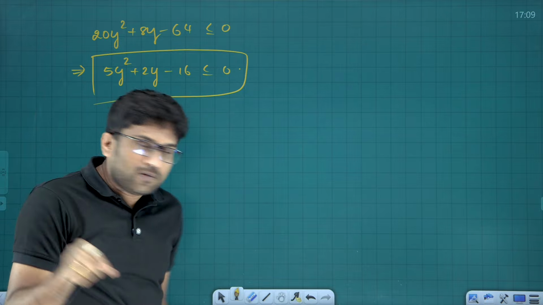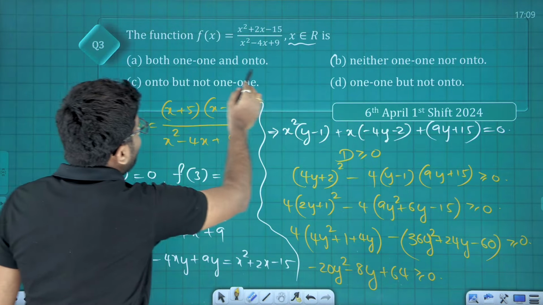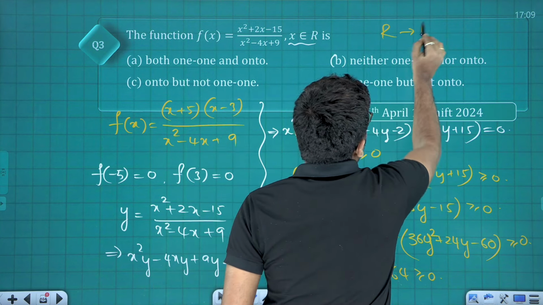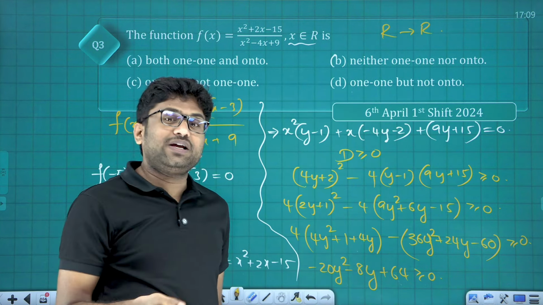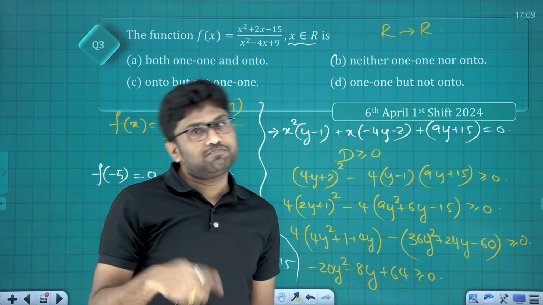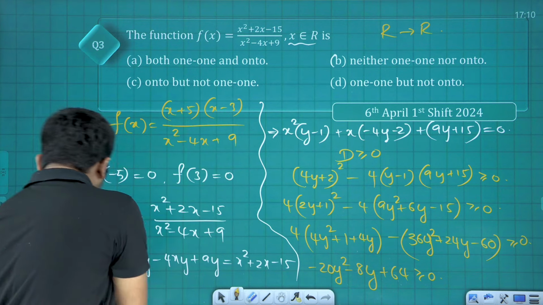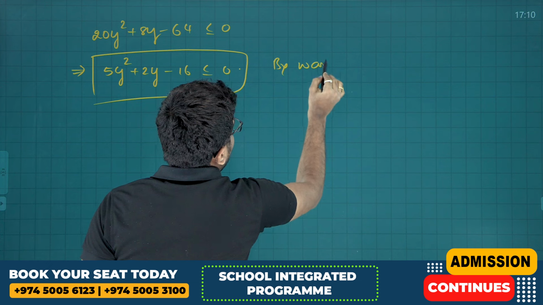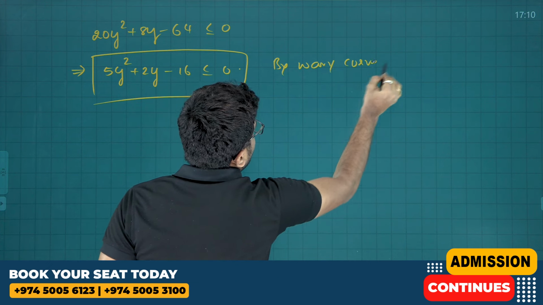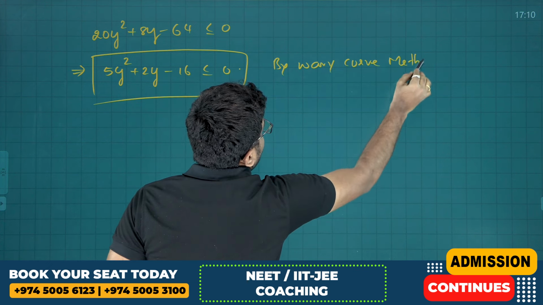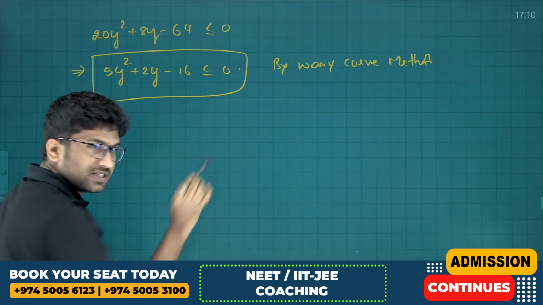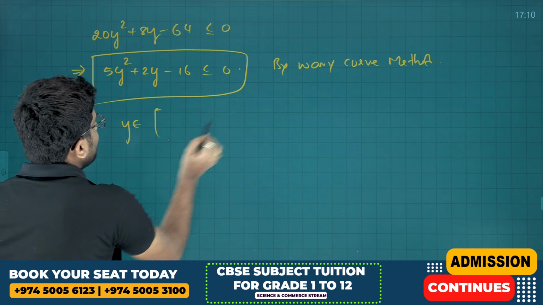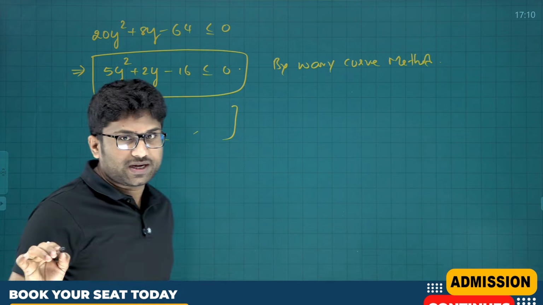Okay. So now actually they have given the function mapping from R to R. It is a real function. So are we getting the complete set of real numbers in this? No. When we factorize, using the wavy curve method, we can get something like y belongs to something to something, in this way, closed brackets.